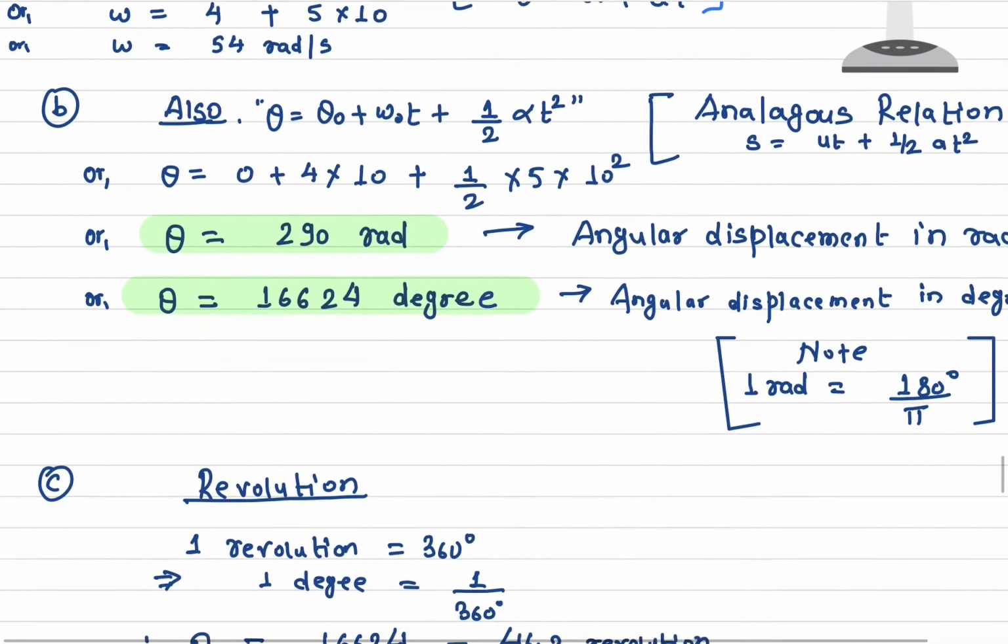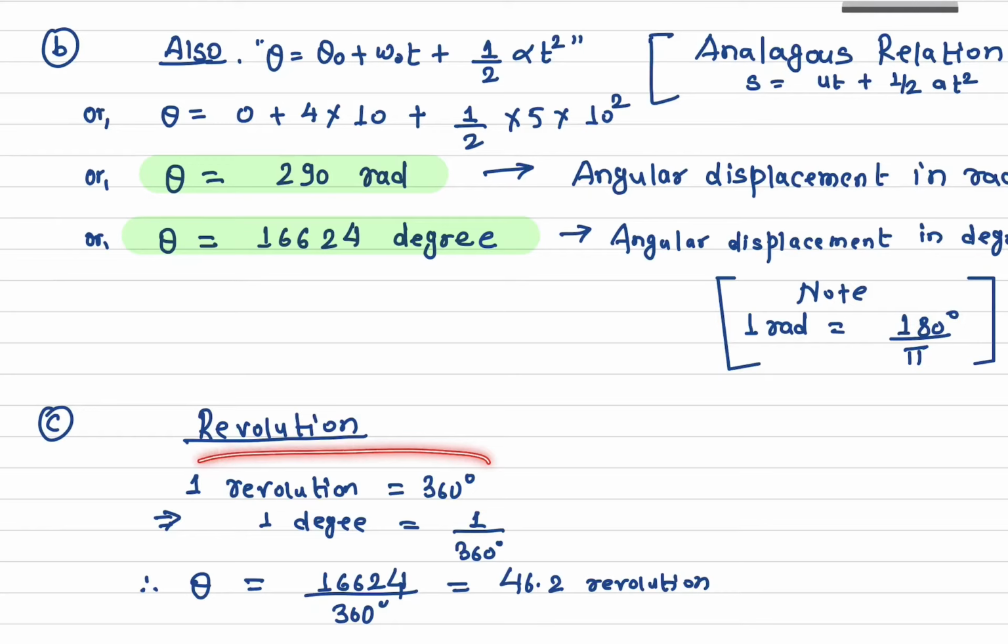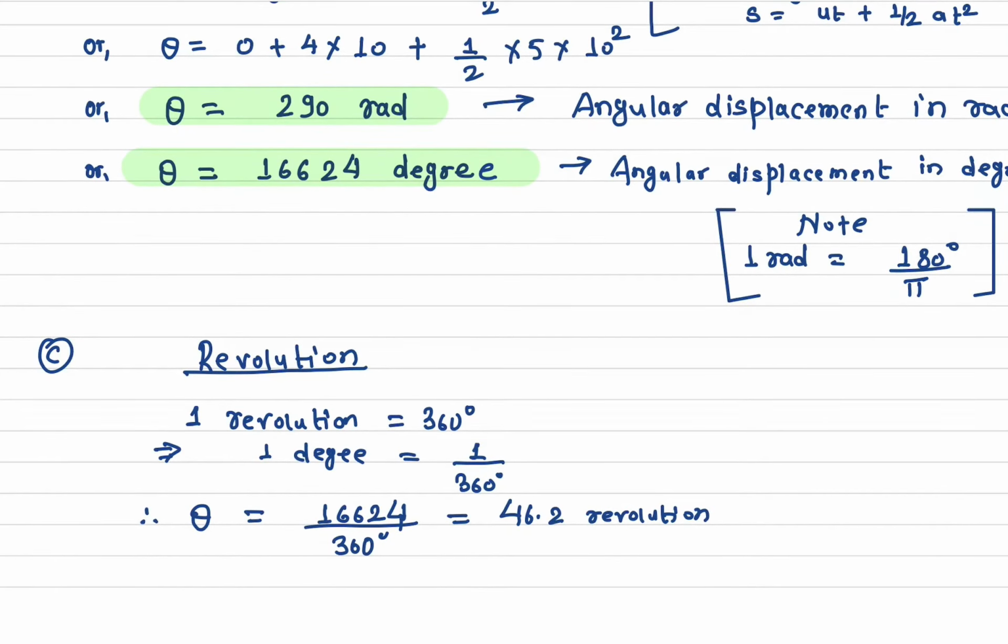We know that one revolution is equal to 360 degree, or 2 pi. You can also write it as 2 pi if you feel comfortable that way. If you need to calculate in degree, 1 degree is 1 over 360 revolution. Let me write down here, REV, which stands for revolution. So now we have this much degree.